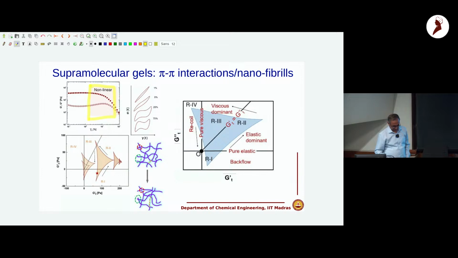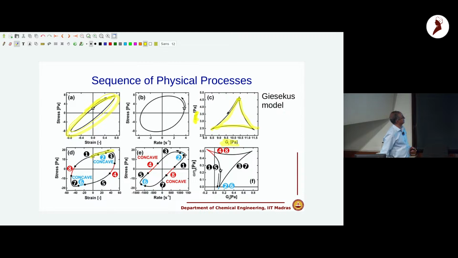One more. Can any of these models capture this strain stiffening response, this concavity? Yeah, so that's the claim. I have not really gone through the literature as carefully. But this is anyway the representation only for a Giesekus model.